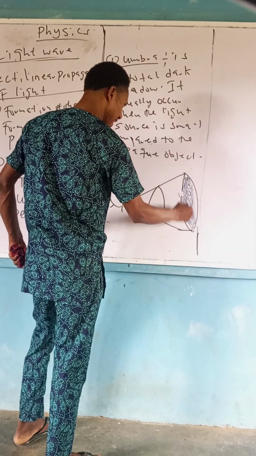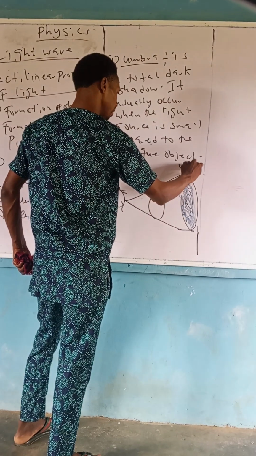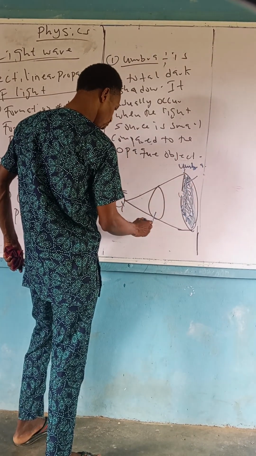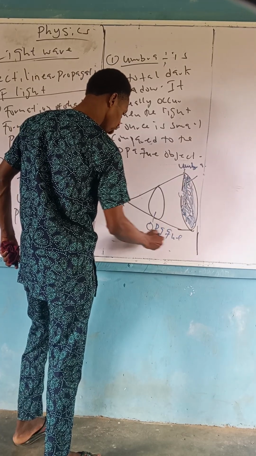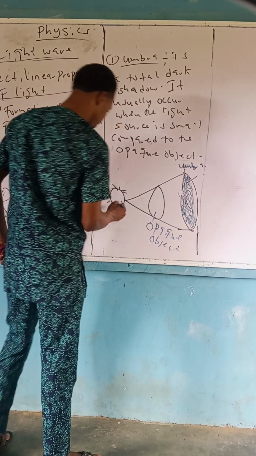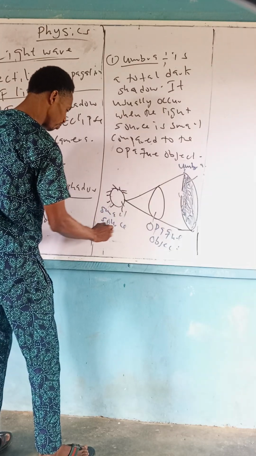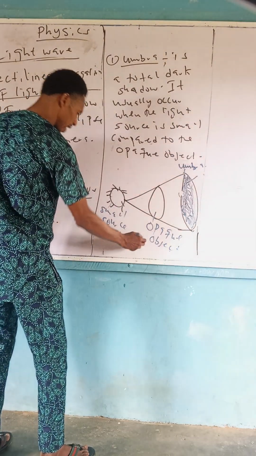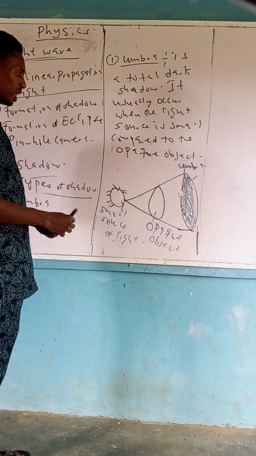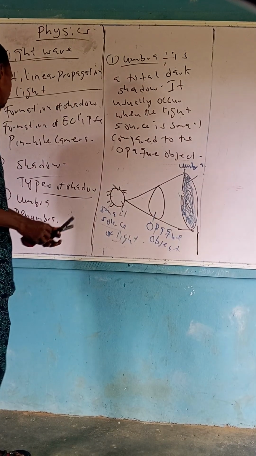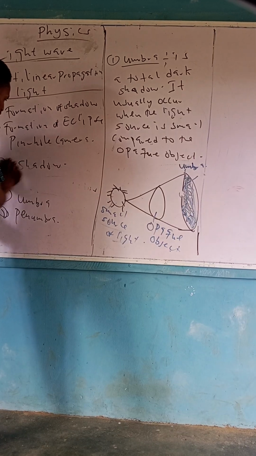This part is very dark. We call this part the umbra. This one is the opaque body, opaque object, and this is our small source of light. So this is an example of a shadow known as umbra.